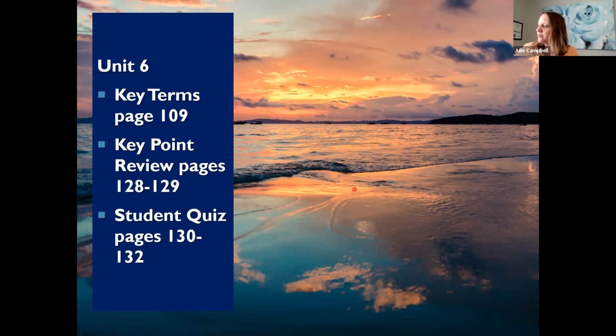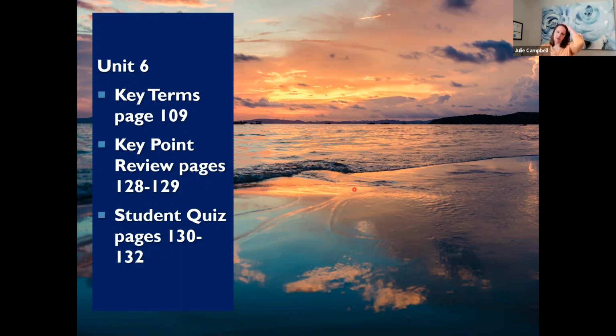Those key terms are back on page 109. Again, a lot of what you're going to see on those key terms are those zoning terms we went over the other day. Your key point review starts on page 128. It's a review. It's a checklist. Go through that review. I know this, I know that. I don't really know this. Go look it up.